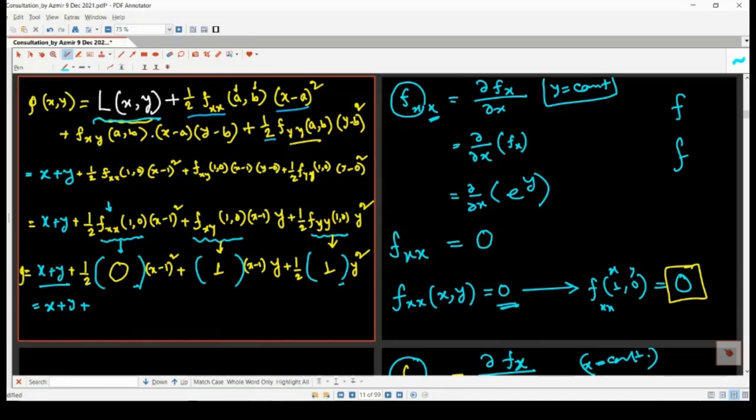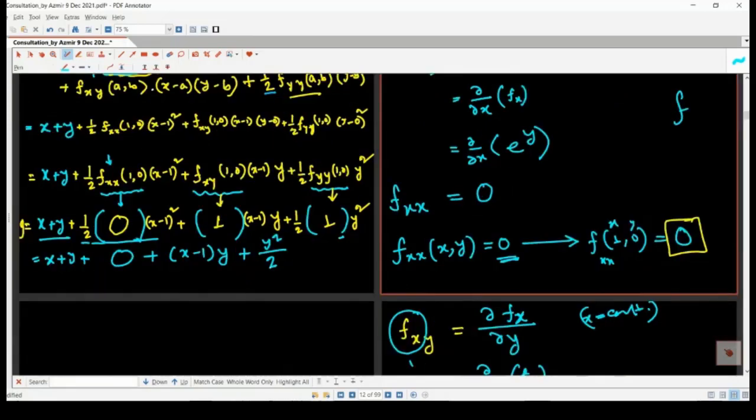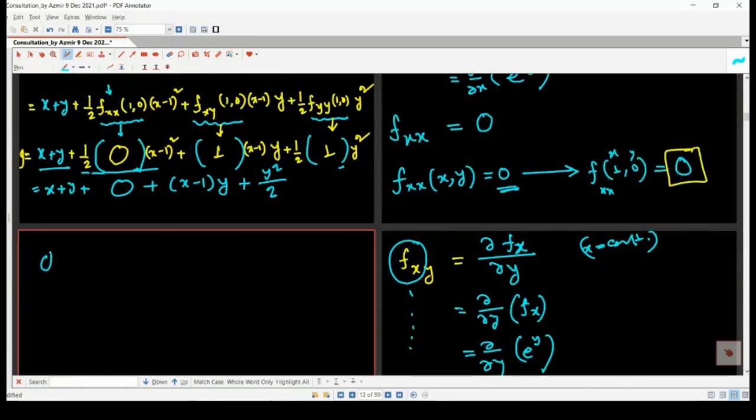Then 0 times, plus 1 by 2 times this one. This will be 0 plus 1 times x minus 1y. That means we have x minus 1y plus 1 by 2 times 1 times y squared. It will be directly y squared by 2.